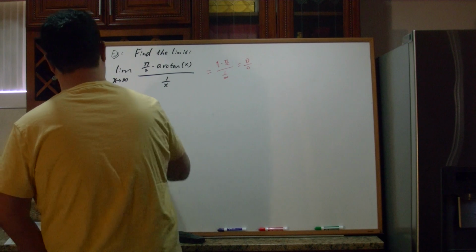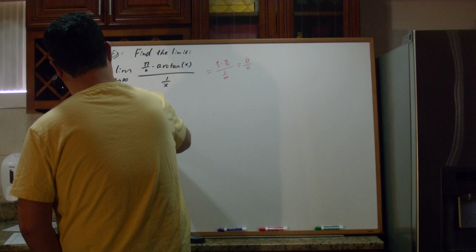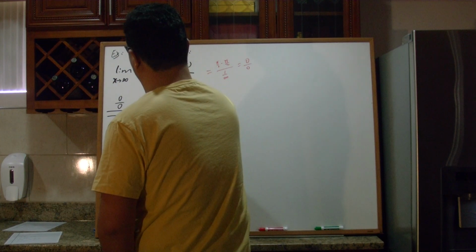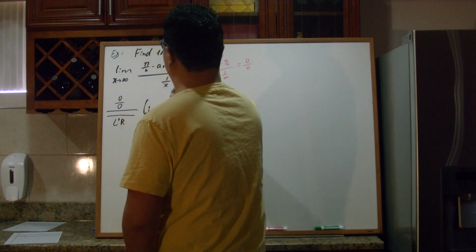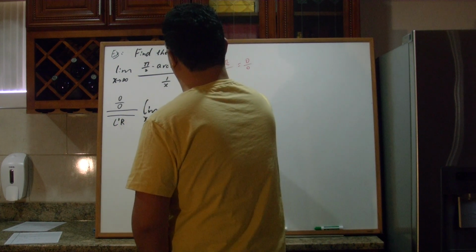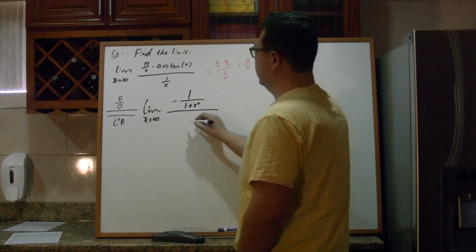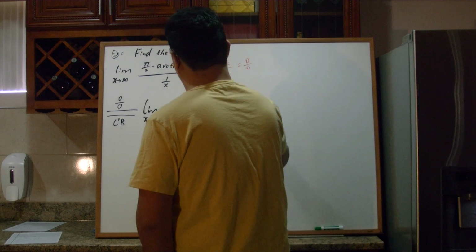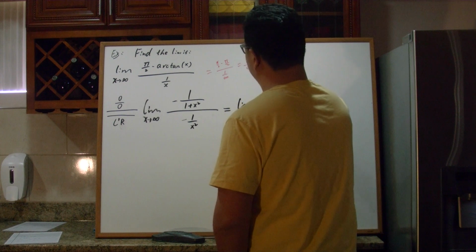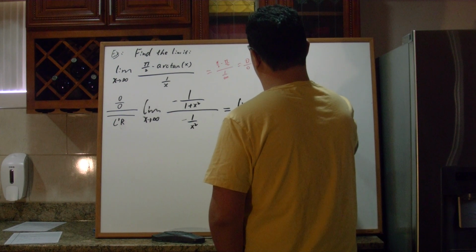Then we apply L'Hopital's rule. The limit as x approaches infinity of the derivative of the top is negative 1 over 1 plus x squared, and the derivative of x to the negative 1 is negative 1 over x squared. If we simplify a little, that is x squared over 1 plus x squared.